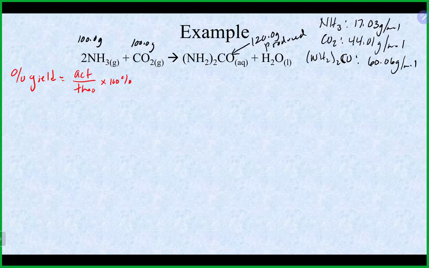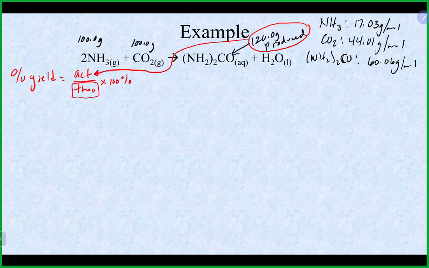So, like I mentioned before, typically in book type problems, they do give you the actual here. So we do have our actual just sort of given to us. Also, very common, the theoretical is usually not given to you, so you usually have to calculate that.